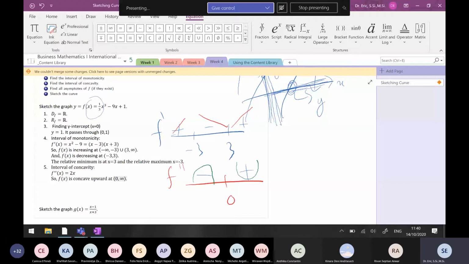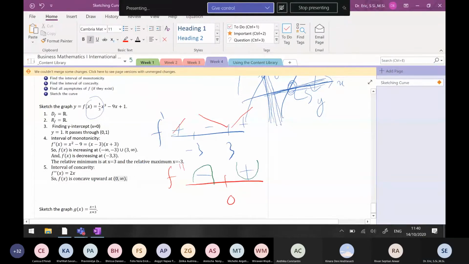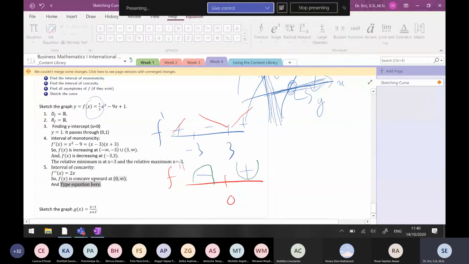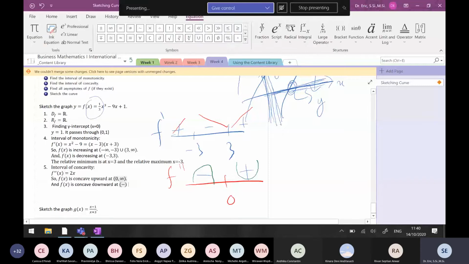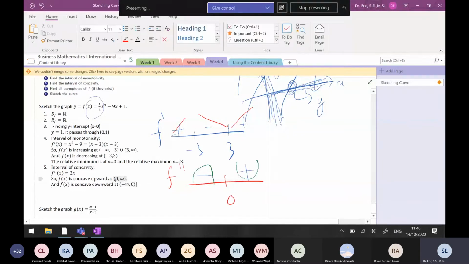And f(x) is concave downward on (−∞, 0). And the sign changes here, so the inflection point is at x equals 0.